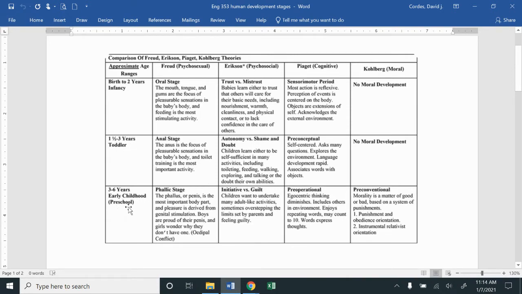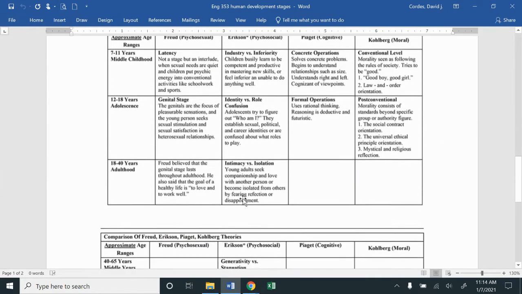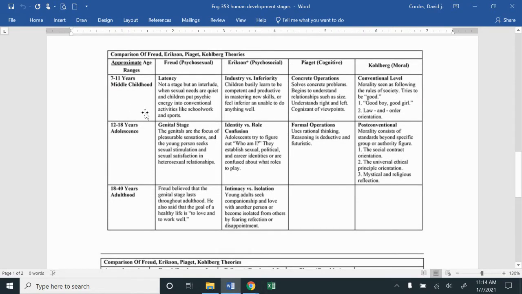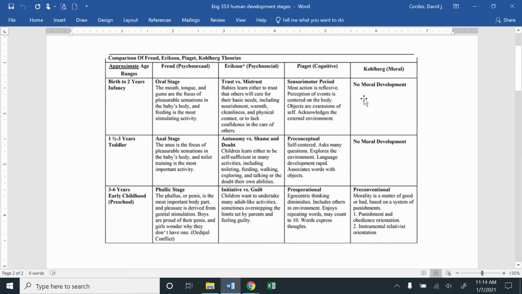You've got the early preschool, age 3 to 6. That would even cross over into kindergarten. Then you have the 7 to 11 middle school childhood age range, and then you come into adolescence. Our goal for this is to primarily focus within these first couple years.